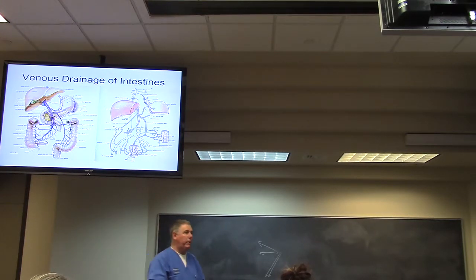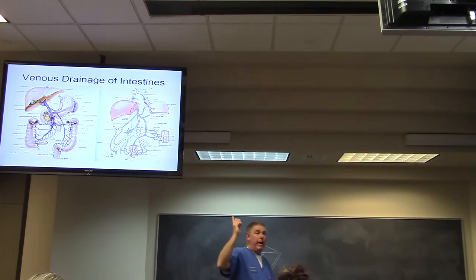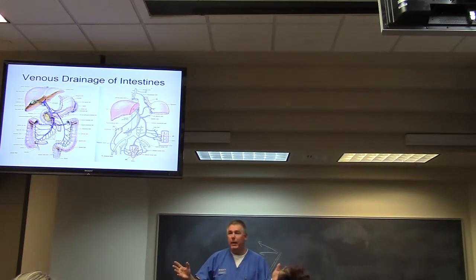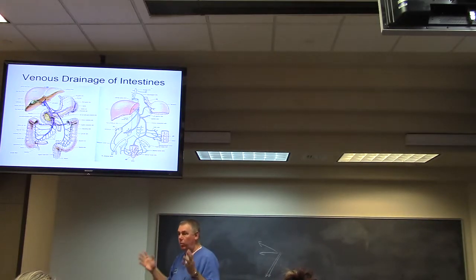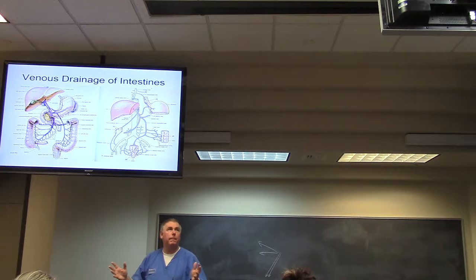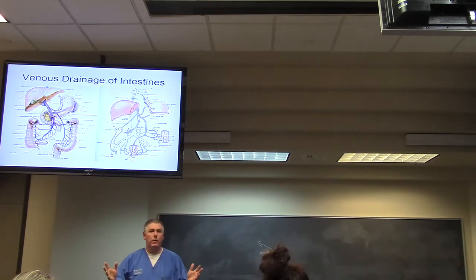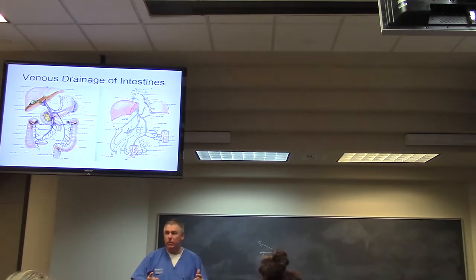Those capillaries reform into veins that take all of that garbage to the liver, where they break up into capillaries again within the liver. That's the definition of a portal system.